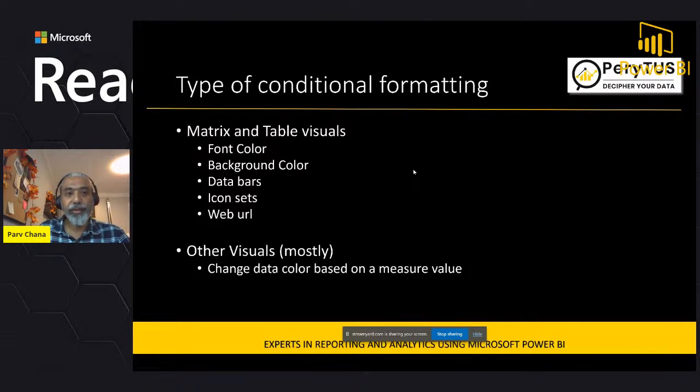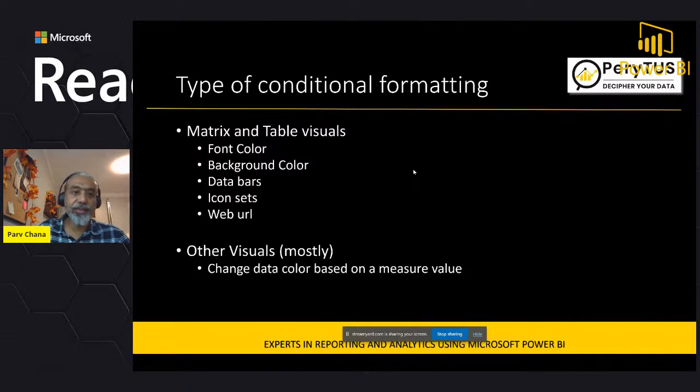For example, if you're using matrix and table visuals in your report, you can set the font color, you can set the background color of your cell, you can set data bars. These are very basic things which we can easily create in Power BI. You can also have icons.